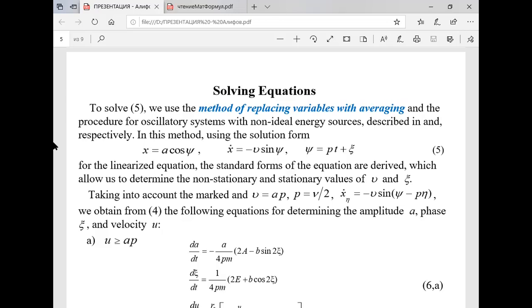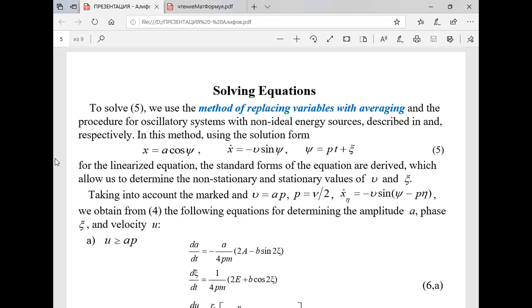In this method, using the solution form, x is equal a cosine psi, x dot is equal to minus v sine psi, psi is equal pt plus xi. For the linearized equation, the standard forms of the equation are derived, which allow us to determine the non-stationary and stationary values of v and xi.